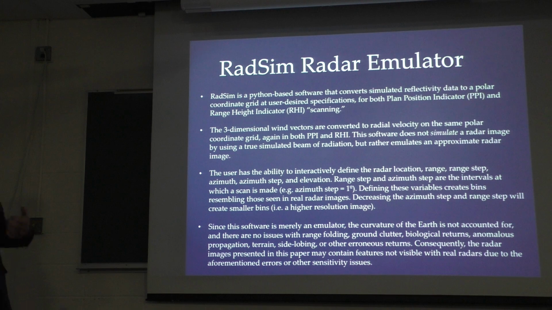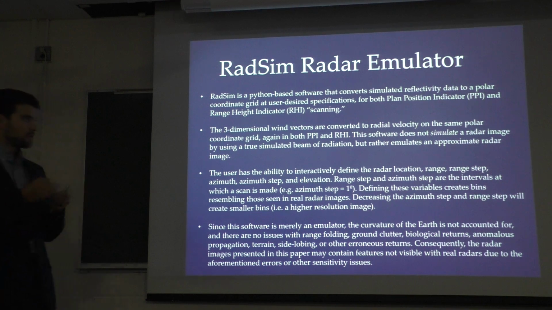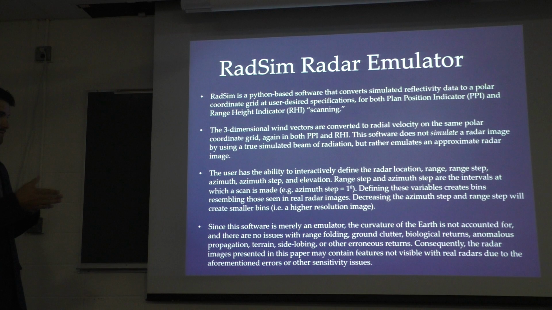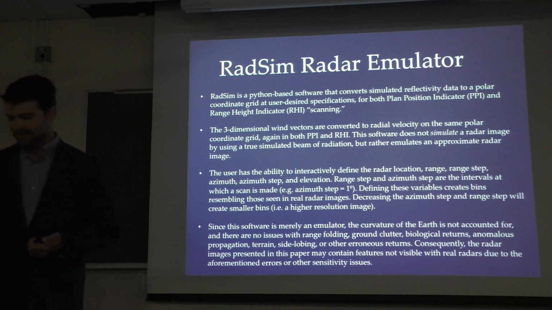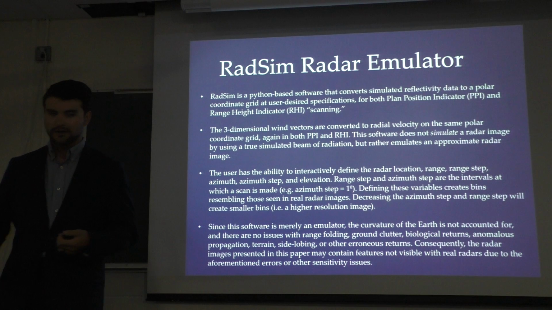You can define all the radar specifications that you want, pretty much. You can put it anywhere you want. You can define how far it goes out, how small the bins are through range step and azimuth step, the elevation of the radar, the azimuth angle, all that stuff. And since it's obviously not a simulated beam, it's just an emulator, we don't have issues with curvature of the Earth.